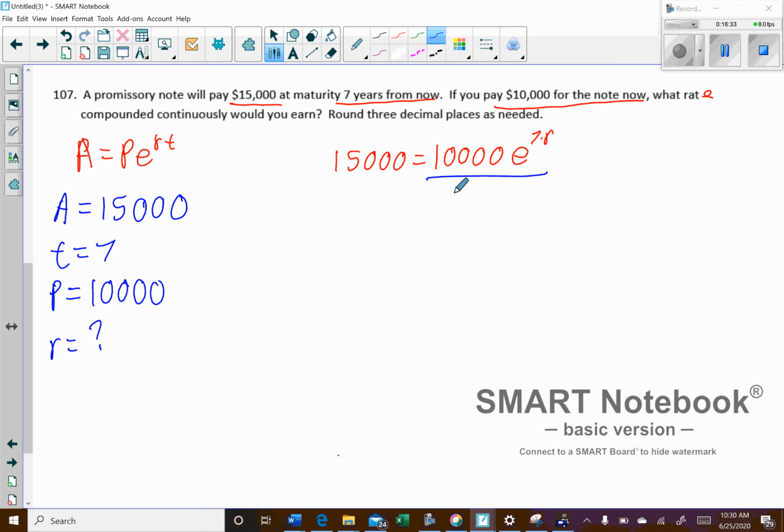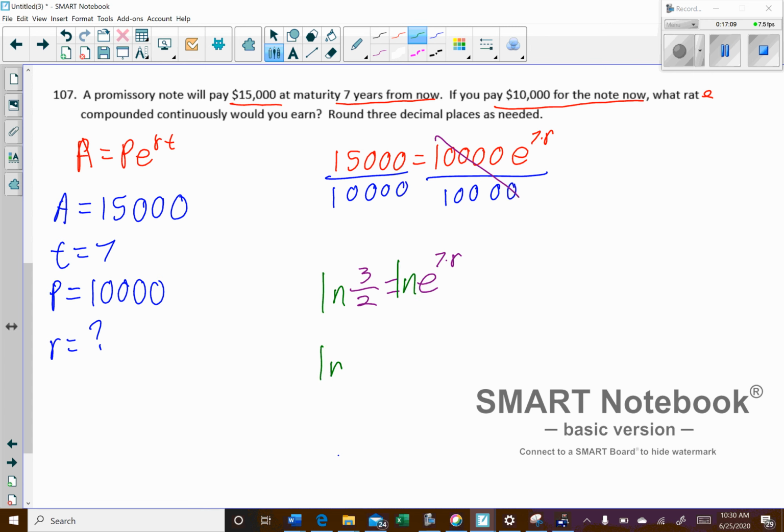So we'll start by dividing by 10,000. So that will cancel out here. And this should reduce down to 3/2. And then we'll have e raised to 7 times R. Just like the previous couple of problems, we'll take the natural log of both sides.